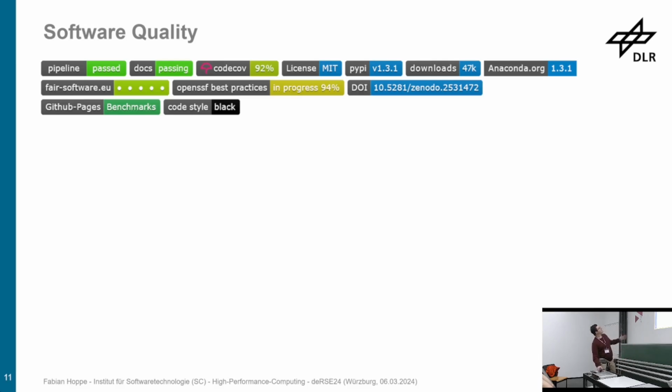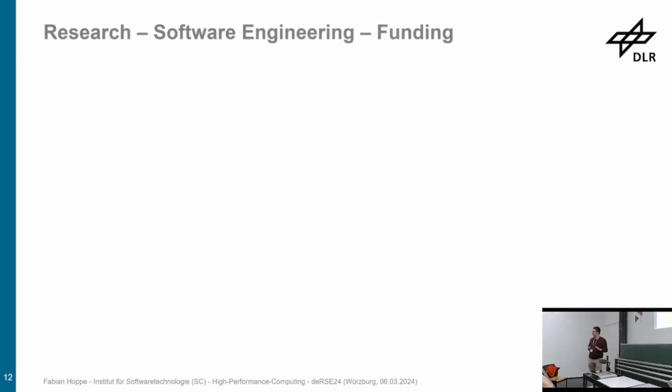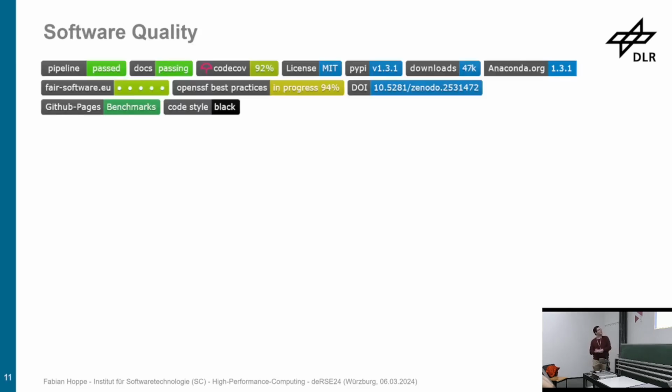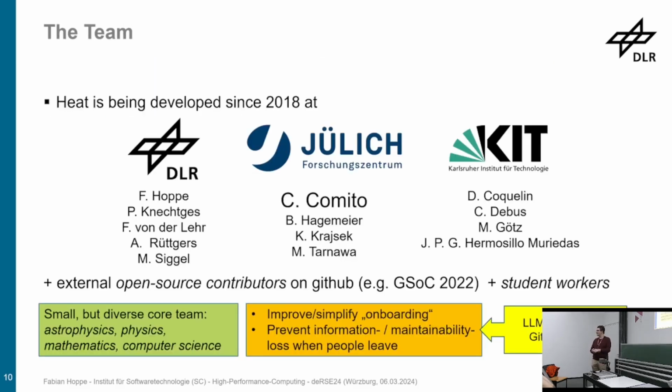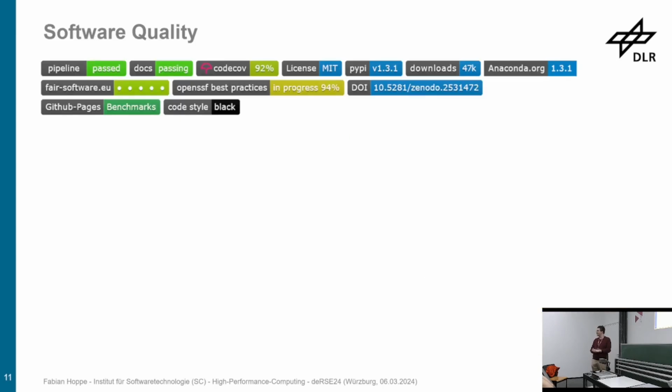So I can just tell you, you can already see the badges, so we try. Actually, I think all 3 institutions want to produce good quality software. It's not going to load, I'm sorry. I don't know what the problem is. It shows as loaded, but it's not showing up here.